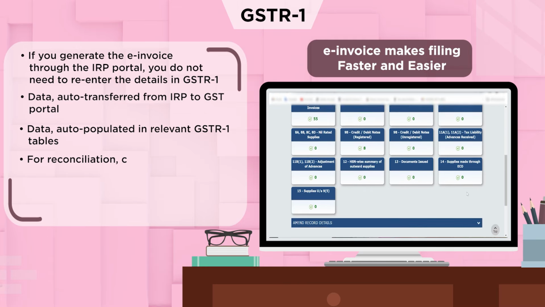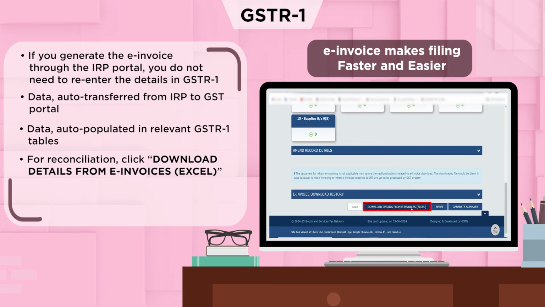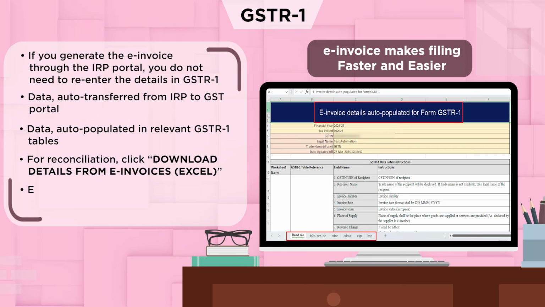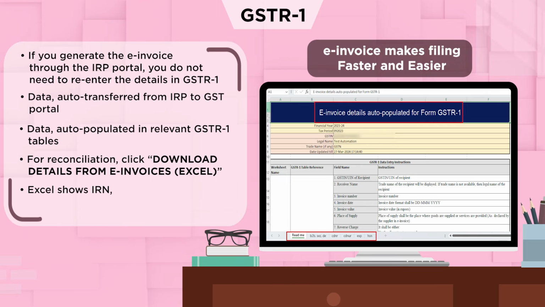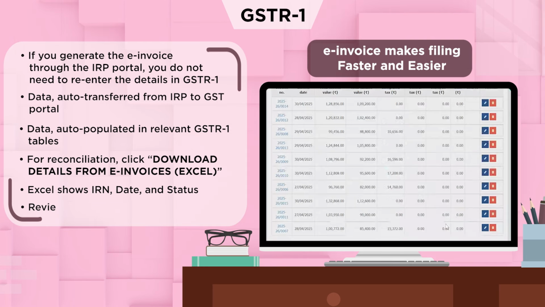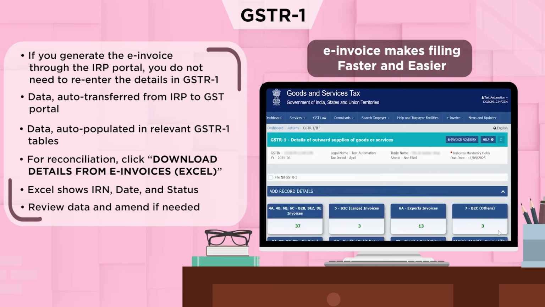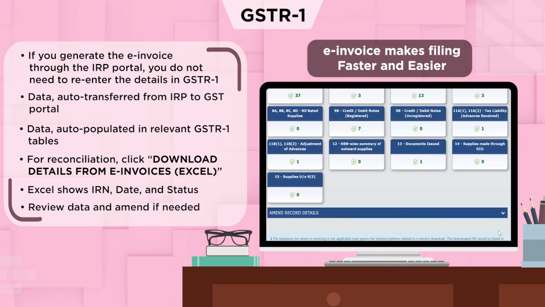If there is a need for reconciliation of the transmitted details, click on the Download Details from E-Invoices Excel option. An Excel file will be generated containing the invoice reference number, IRN generation date and its status. Review the auto-populated data for accuracy and make any necessary amendments if required in the Form GSTR-1 on the GST portal.